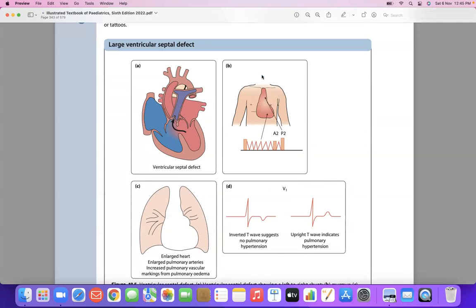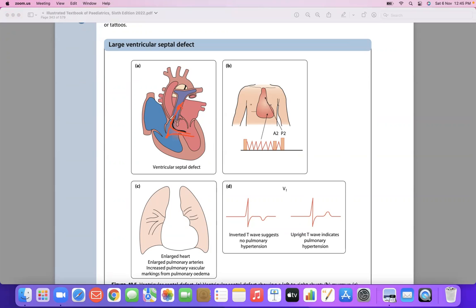So again, you can see the picture here, ventricular septal defect. Like this, you will have the VSD here. What's happening here? From the left ventricle, there is increased blood flow to the right ventricle. So in the chest X-ray, what happens? Increased flow to the pulmonary arteries, right?